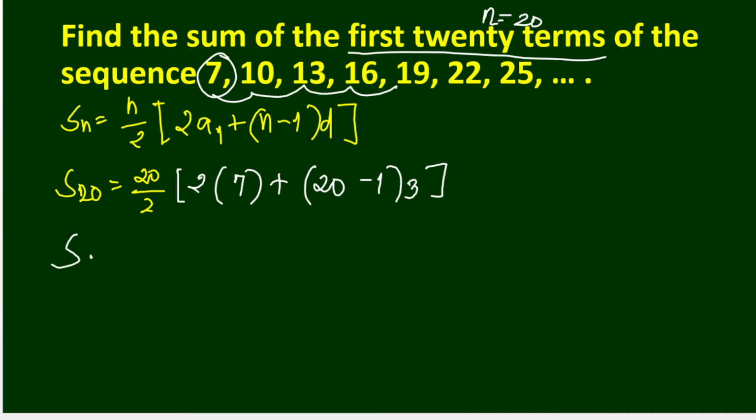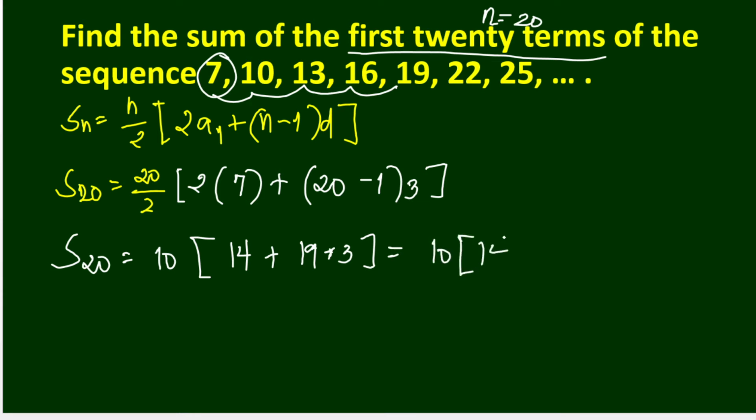So the sum of the first 20 terms is equal to 10, that is 20 divided by 2, times 14, which is 2 times 7, plus 19 times 3. That is 10 times 14 plus, what is 19 times 3? We have 57.